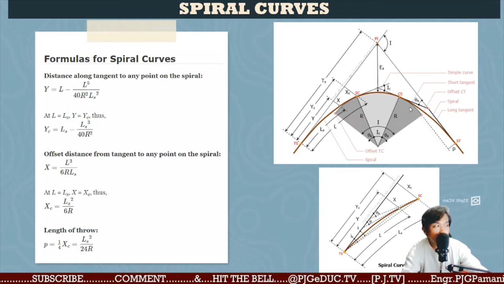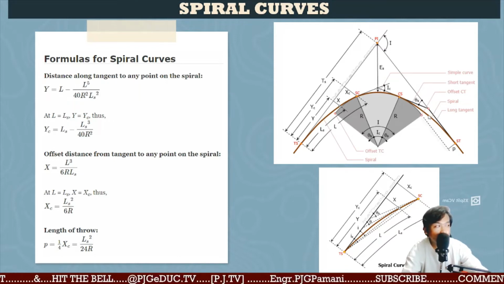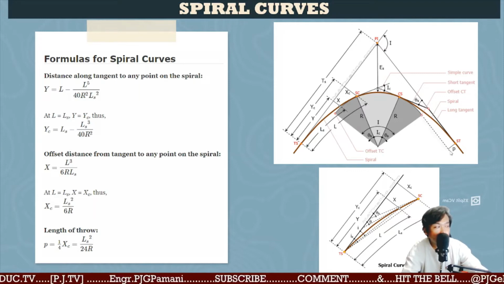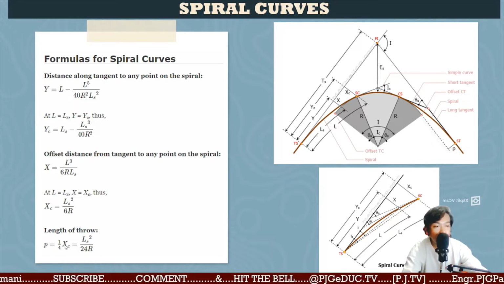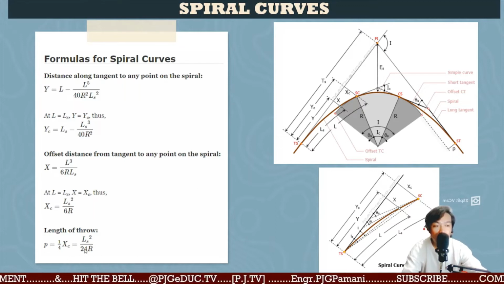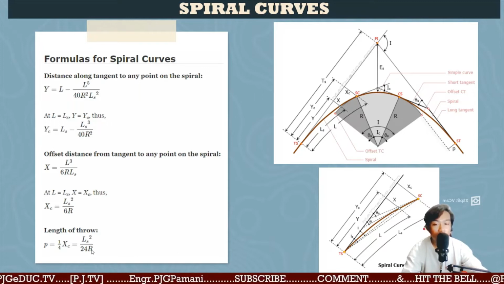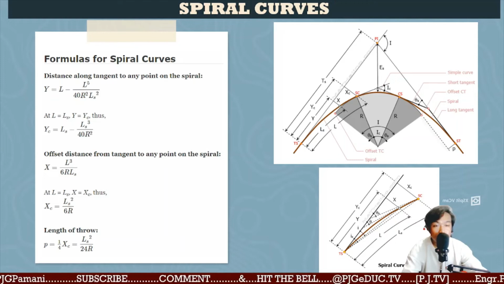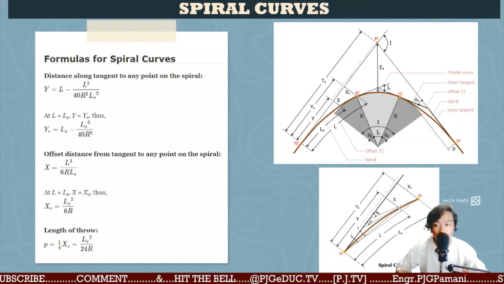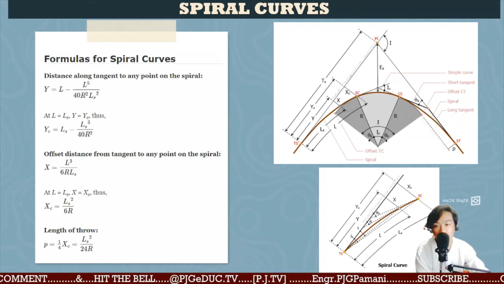Yung length of the throw, yung point of change from simple curve to spiral curve. Ito yon. From this point towards ST, which is simply equal to 1/4 length of the offset distance XC or LS squared over 24R. Okay?